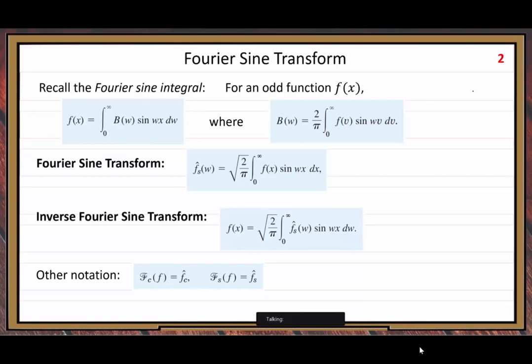Because these transforms are very important, people want to make them very special, using those special characters. And the inverse too.